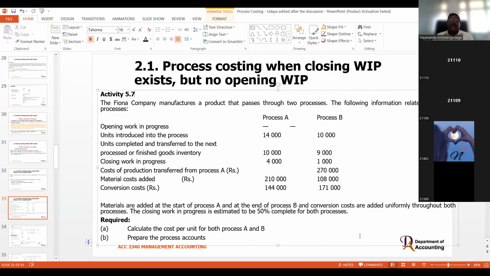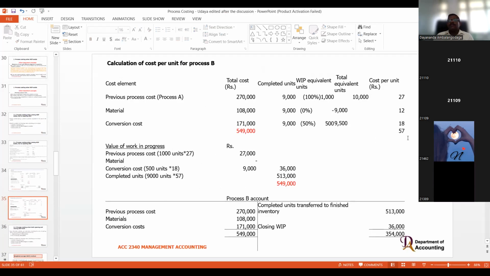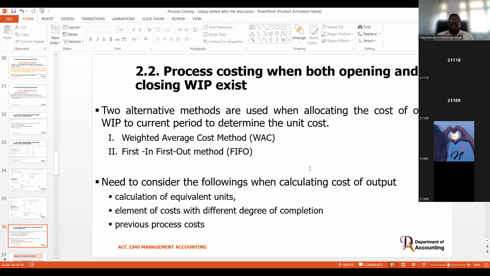What we did was the equivalent unit statement analysis. This is process A1, then process B is the same. We got 57, you can remember. I think there is a small mistake here in the equivalent units, but we got the same answer. Okay, right. Shall we go to the next one?